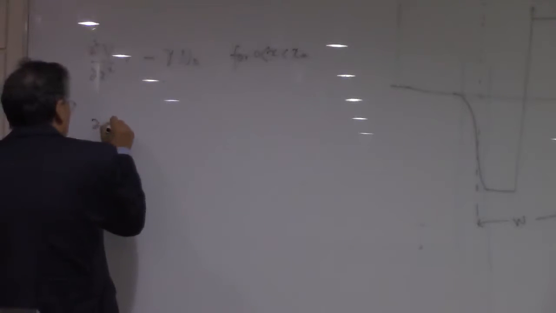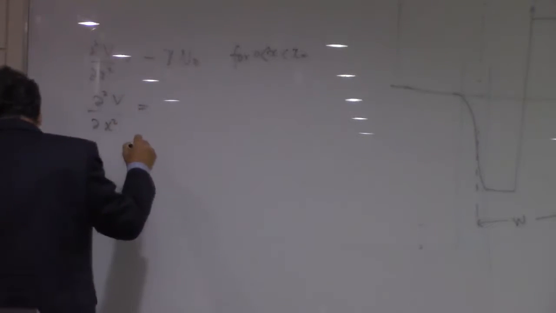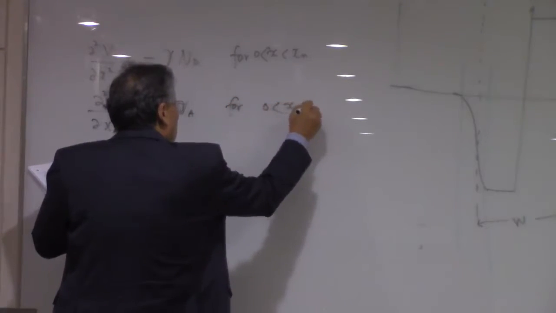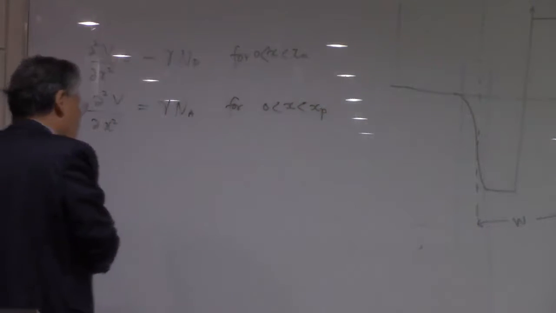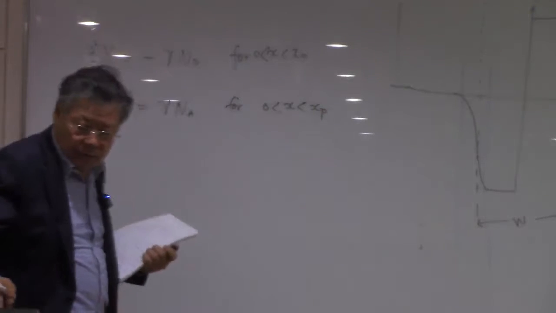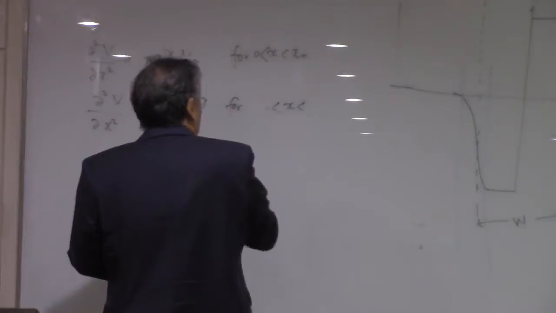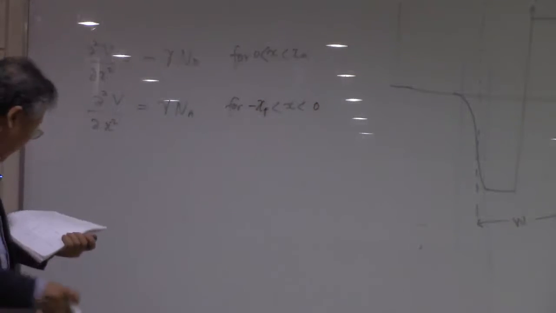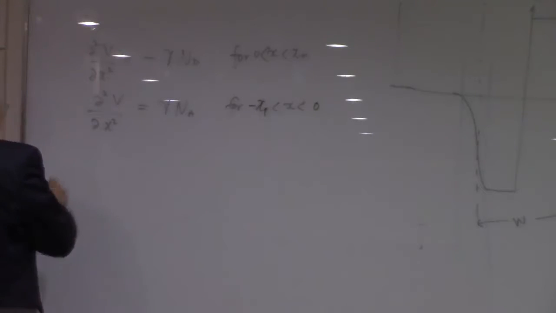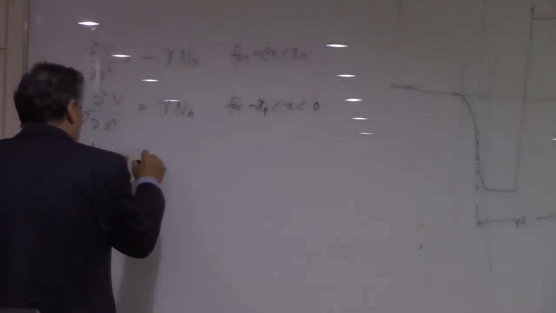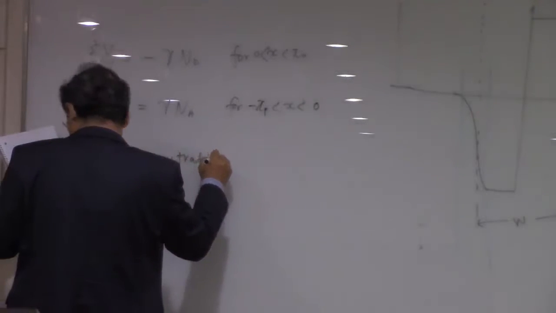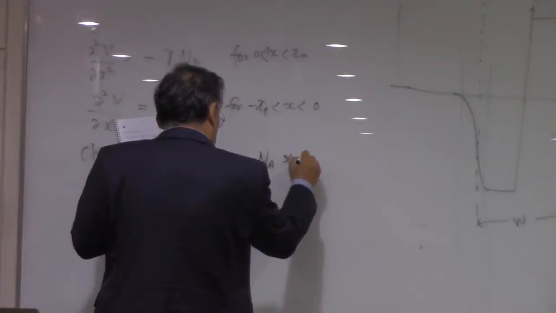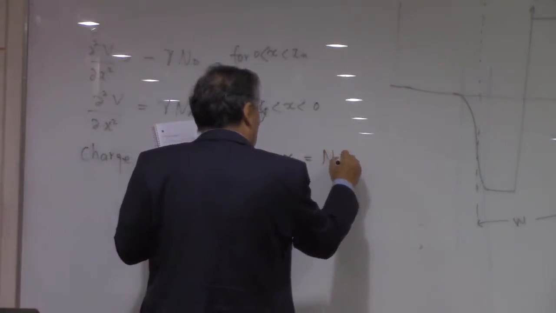And you can say the same thing for the p-type region, between minus xp and 0. Just follow the notations in the book. Okay, and the charge neutrality says NA xp should be equal to ND xn.